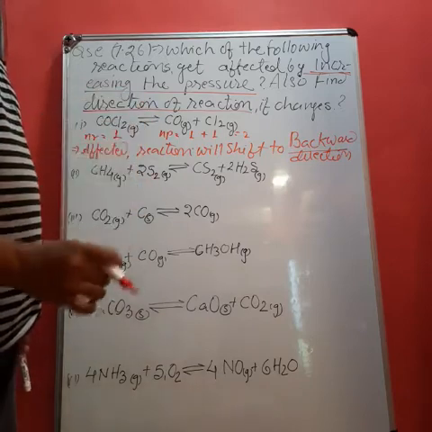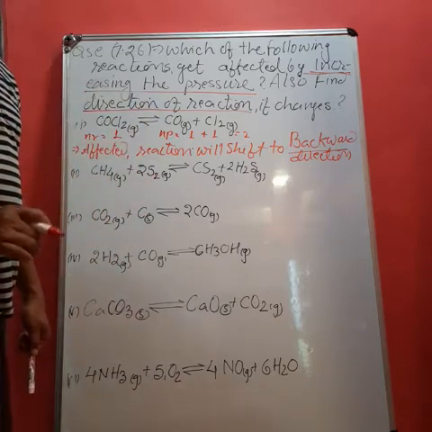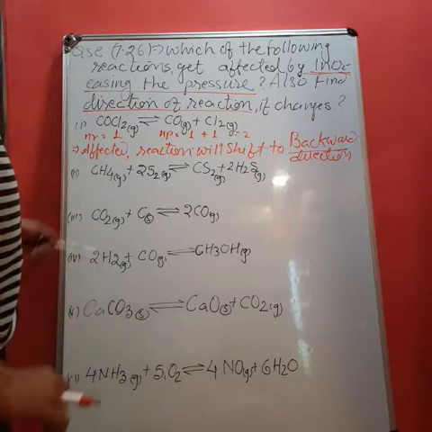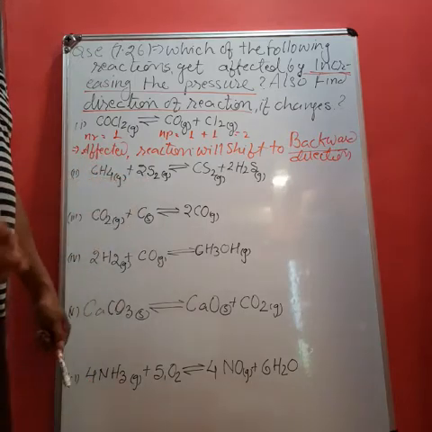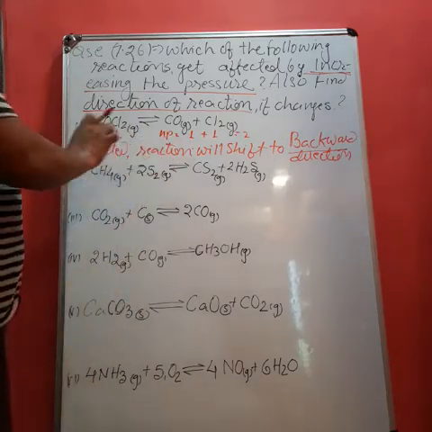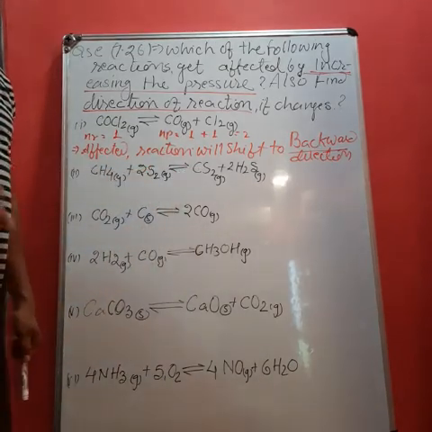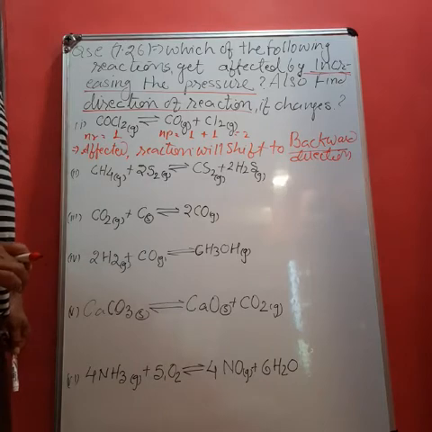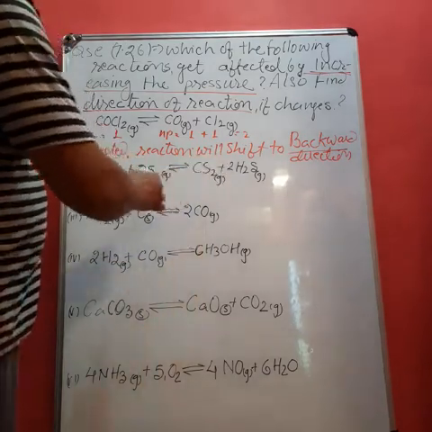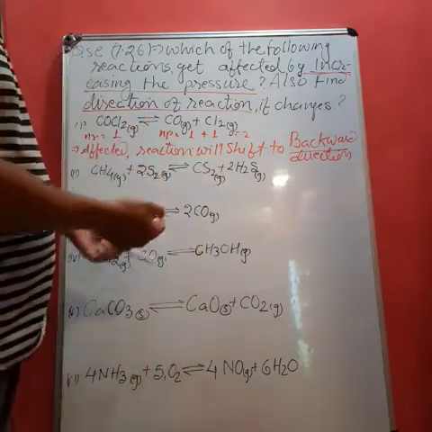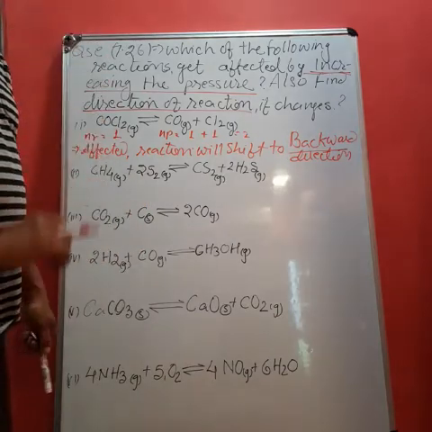Actually, we can convert the sulfur into vapor form. So when the reaction takes place, sulfur participates in gaseous form. Again here, carbon disulfide is a liquid, but here it is given in the gaseous form. So we have to consider it in the gaseous form.